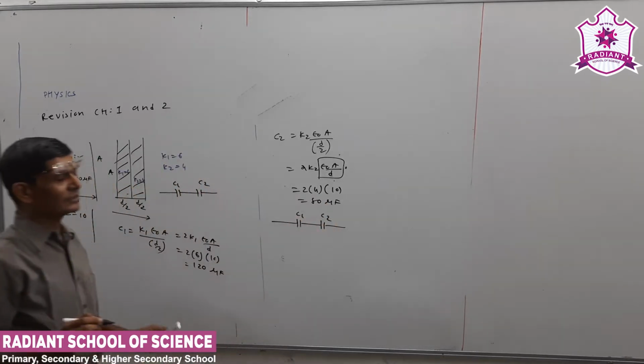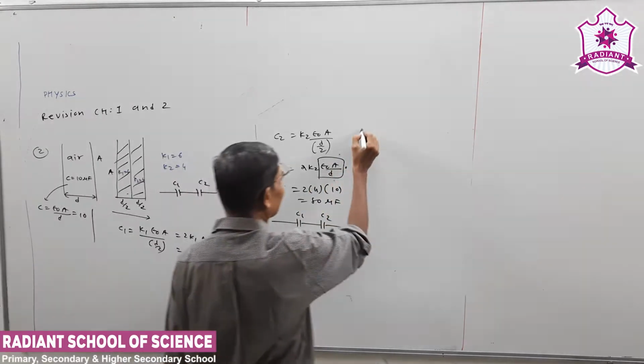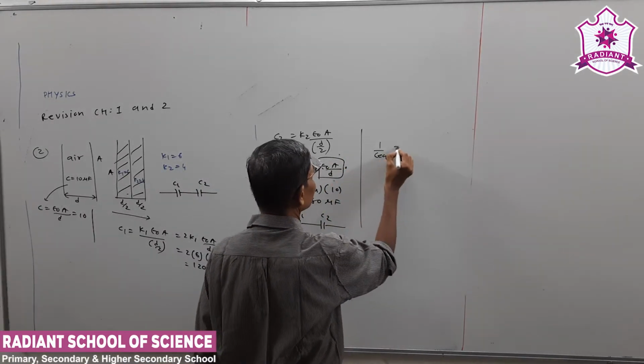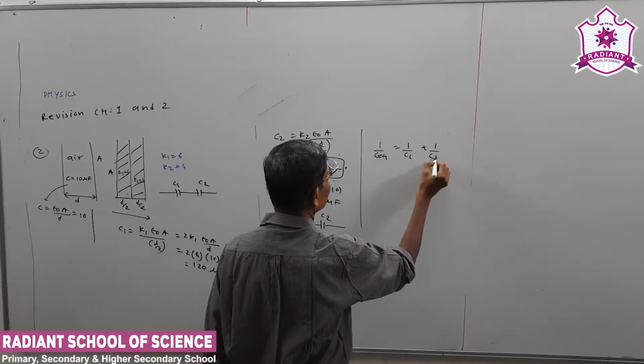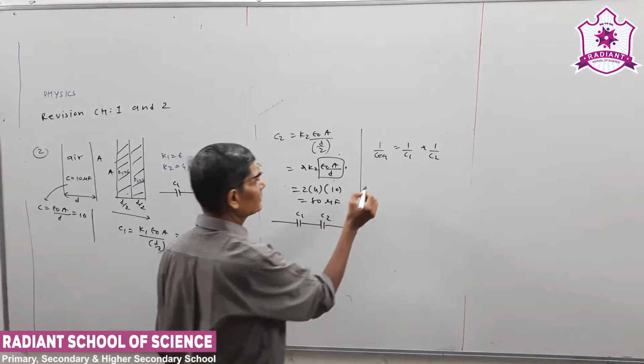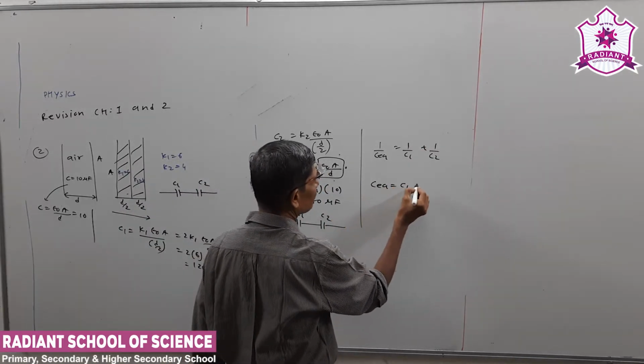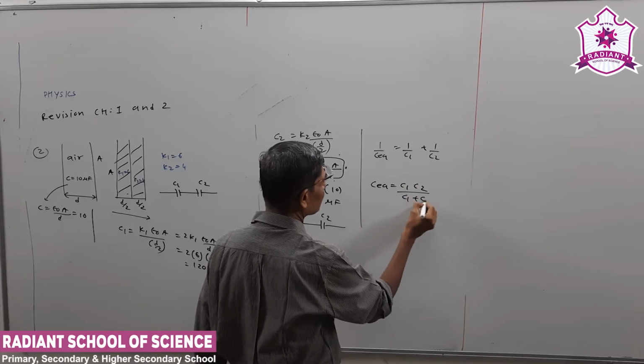Now what we can see? C1 and C2 are in series. So we can find 1 upon C equivalent is 1 upon C1 plus 1 upon C2, or C is equal to C1 C2 upon C1 plus C2.